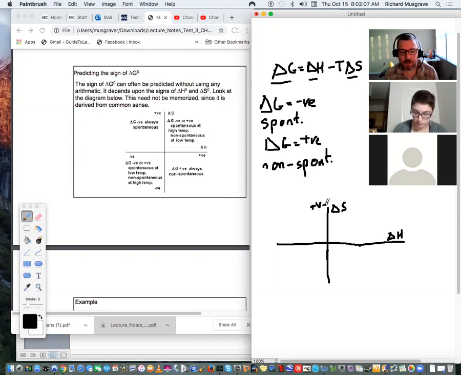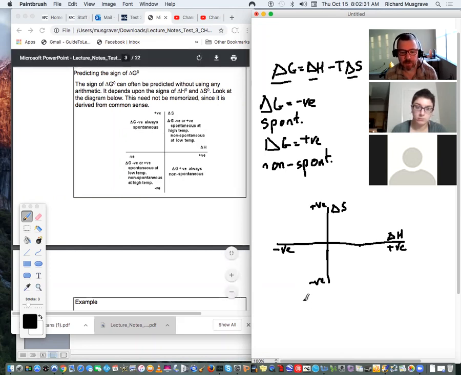So we've got positive values of delta S up here, and negative values of delta S down here. Positive values of delta H on the x-axis, and negative values of delta H on the other side of the x-axis. Let's first of all talk about the situation where delta G is negative, and we're always going to be dealing with spontaneous processes.